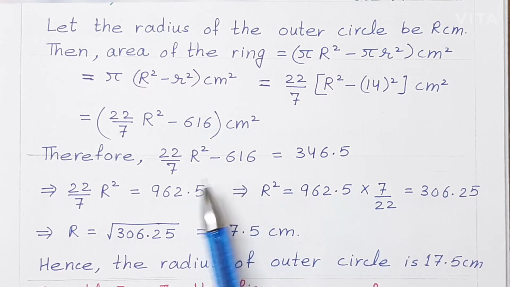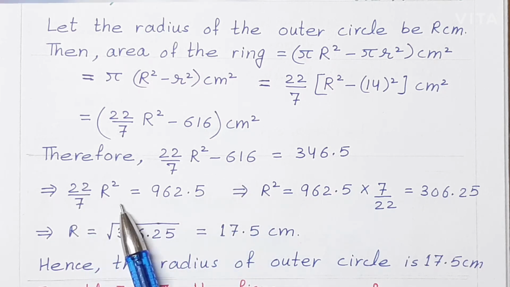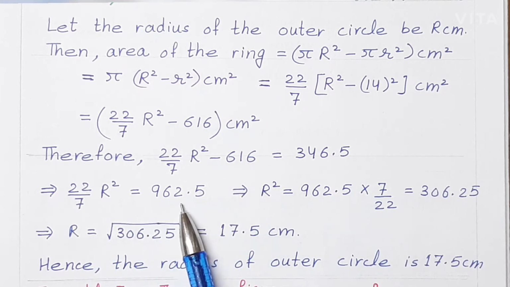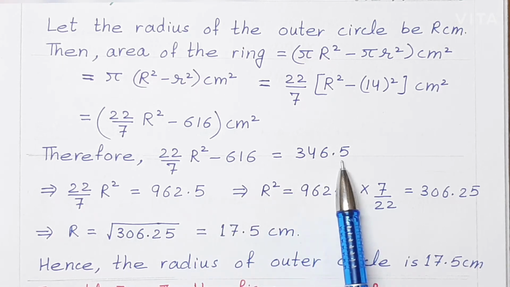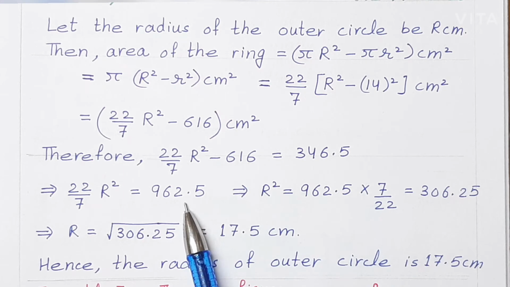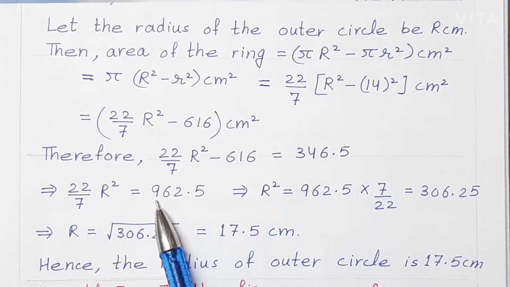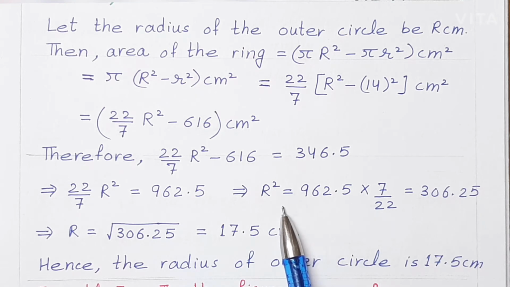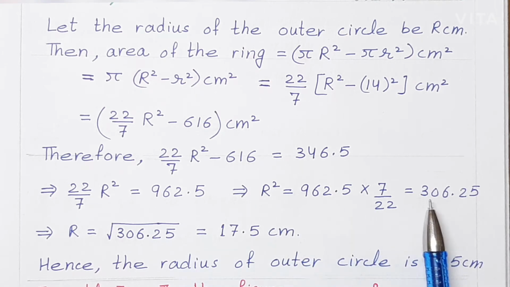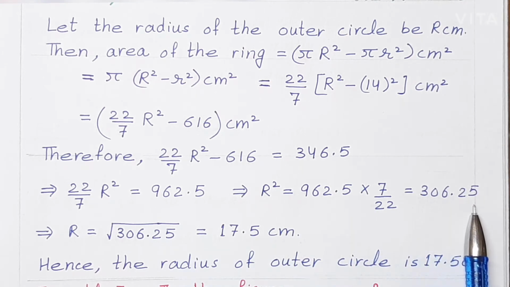So here 22 upon 7 R square is equal to 346.5 plus 616, that is 962.5. So R square is again 306.25.